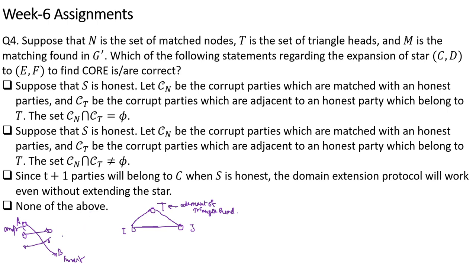Now Ct is a product party. So any element of Ct is product, but it is adjacent to an honest party which belongs to T. So if there is an honest party T which is a triangle head, it must be of this form.